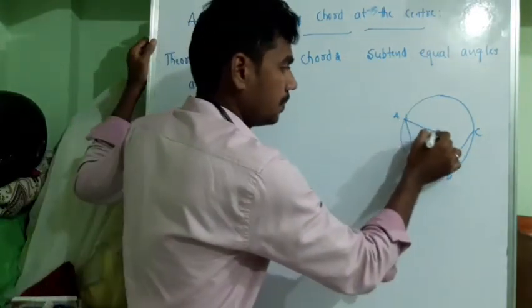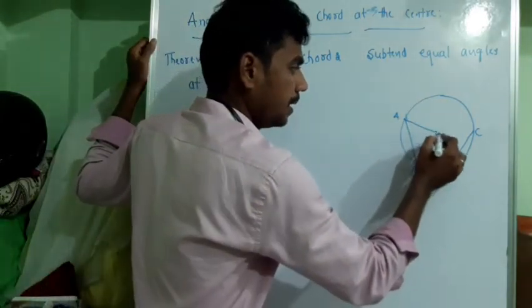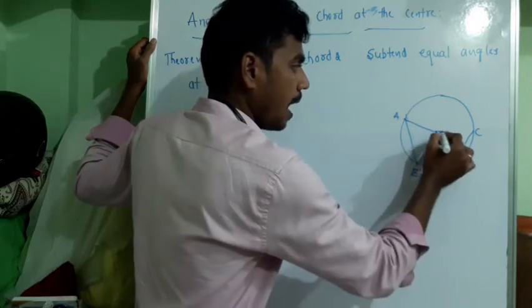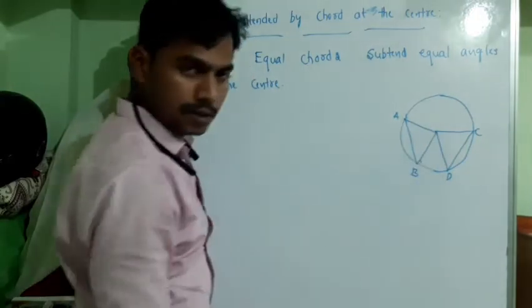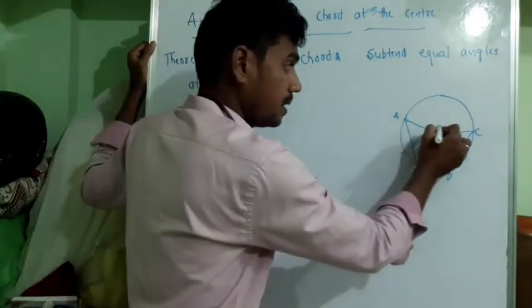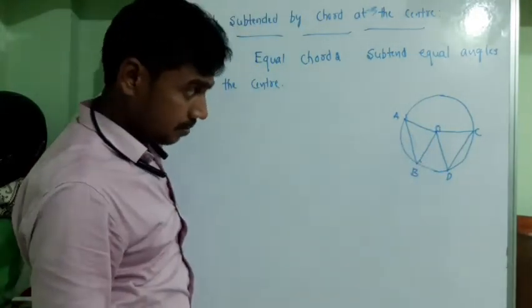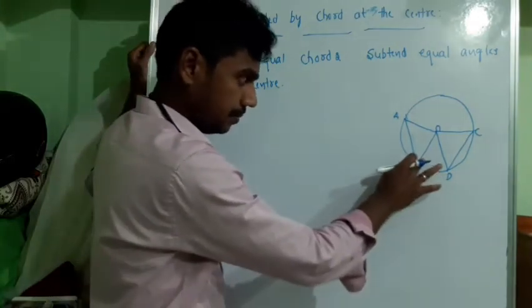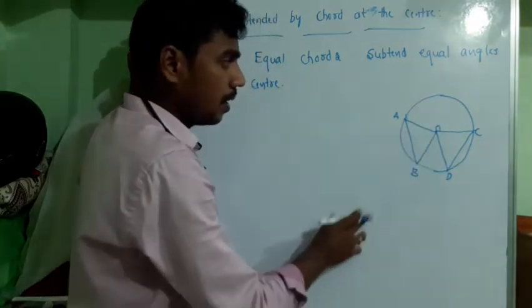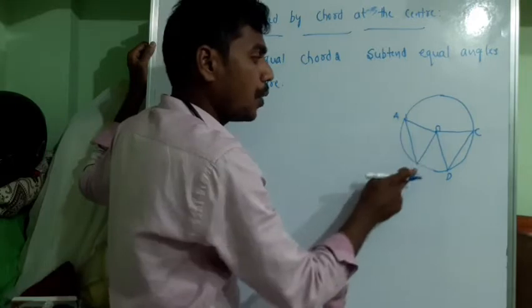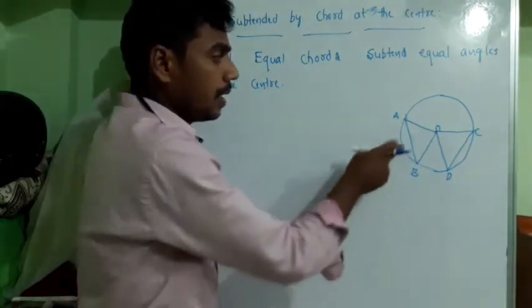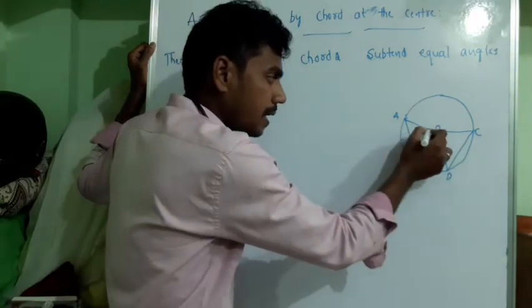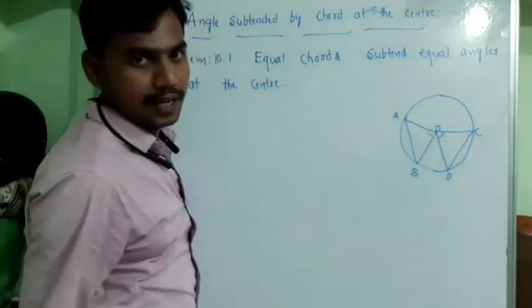Equal chords subtend equal angles at the center. According to the theorem, we should prove angle AOB is equal to angle COD.